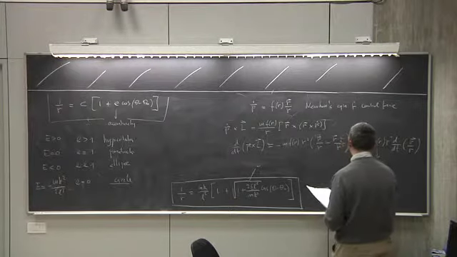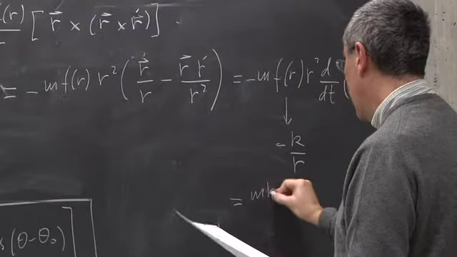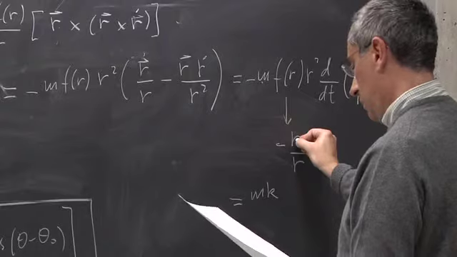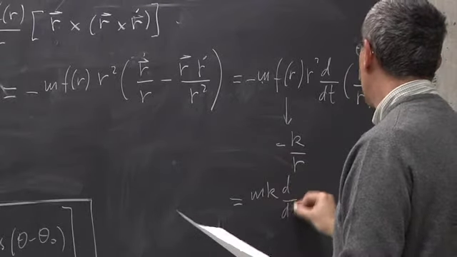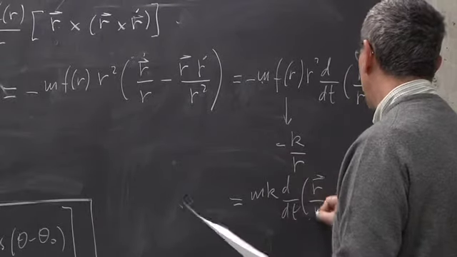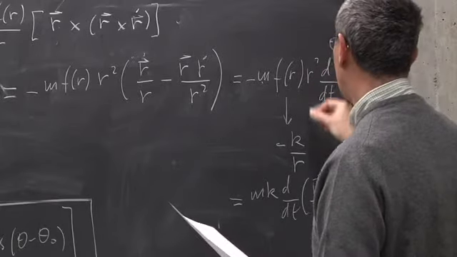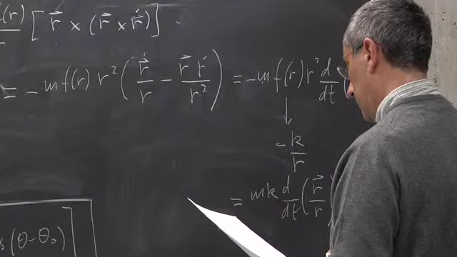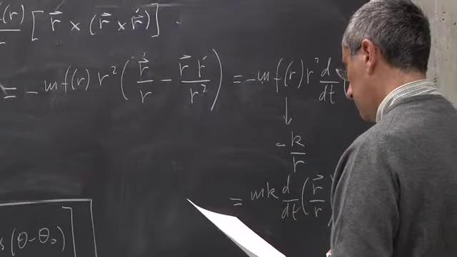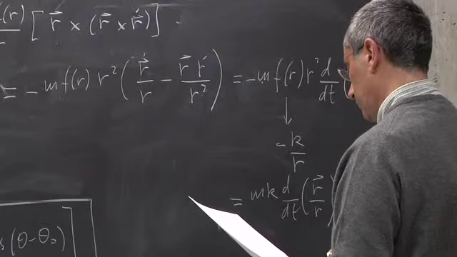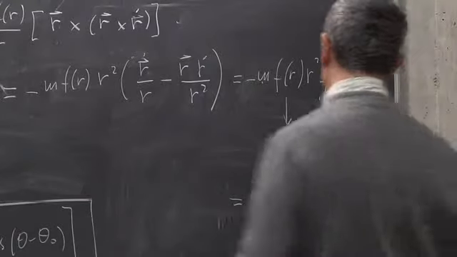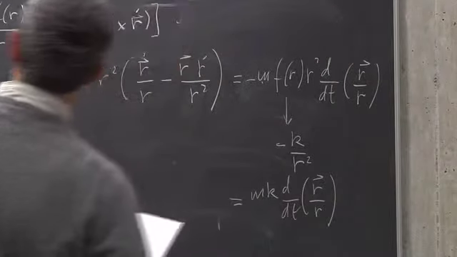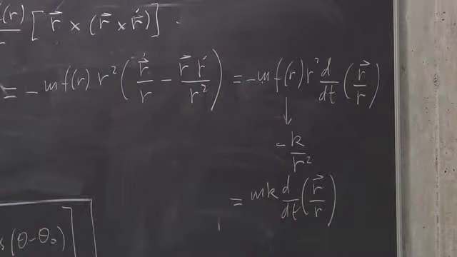So for this case, I just get m k dt of r over r. So I cancel that out. It's k r squared, it's the force.